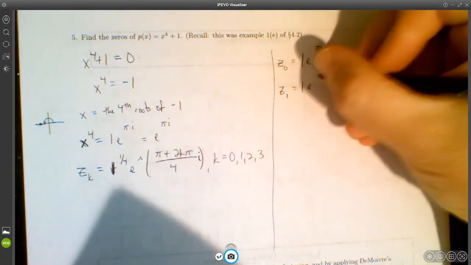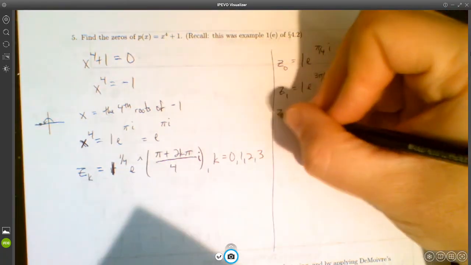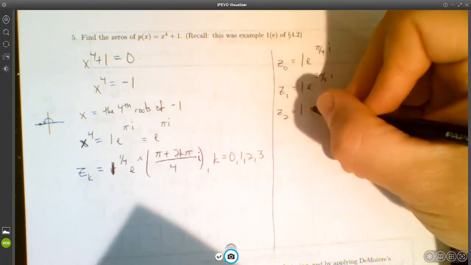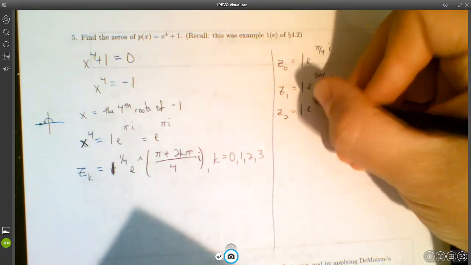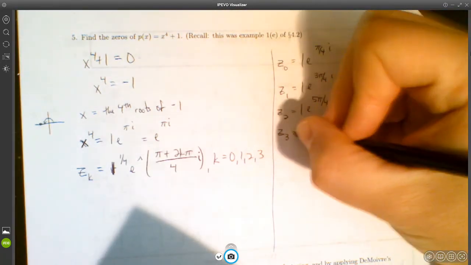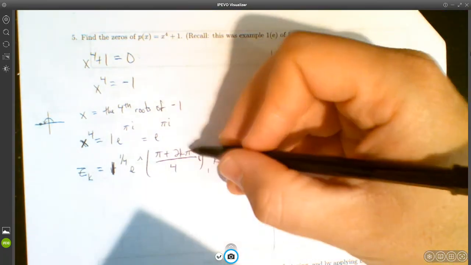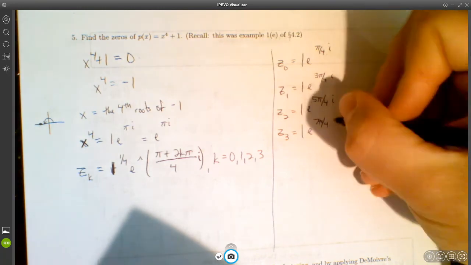So we get e to the 3 pi over 4 times i. When we plug in 2, we get e to the 4 pi plus pi, which is 5 pi. So we get e to the 5 pi over 4 times i. And when we plug in 3, we get 1 times e to the 6 pi plus pi, which is 7 pi. So we get 7 pi over 4 times i.